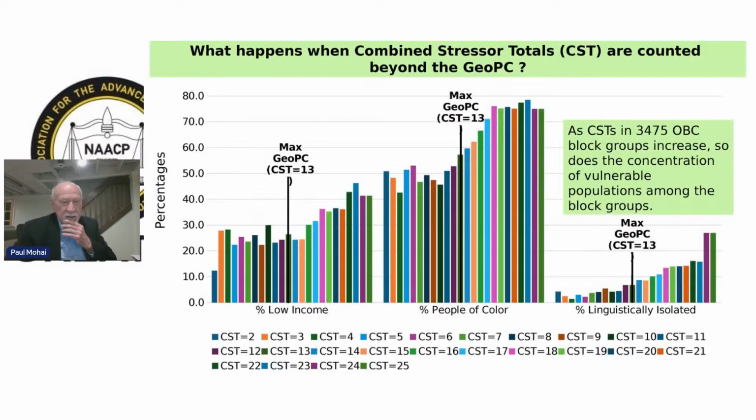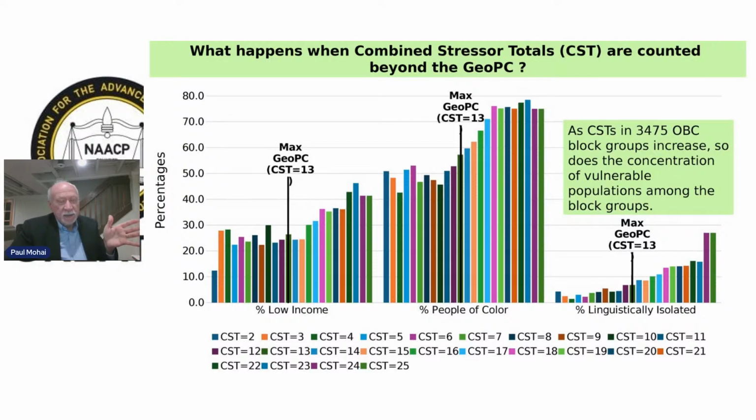So this is the last slide I just want to show you. I did a similar analysis where there's a median count for the state and the county, for every county in New Jersey, and the maximum median count for all the counties in the state is 13.